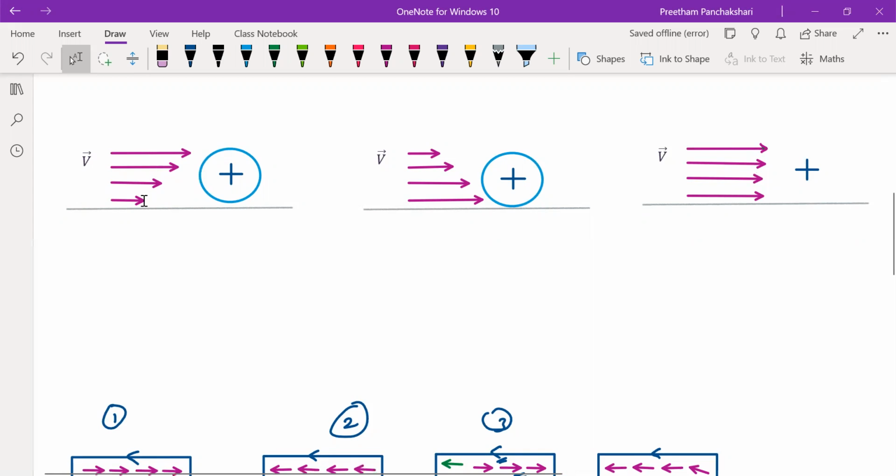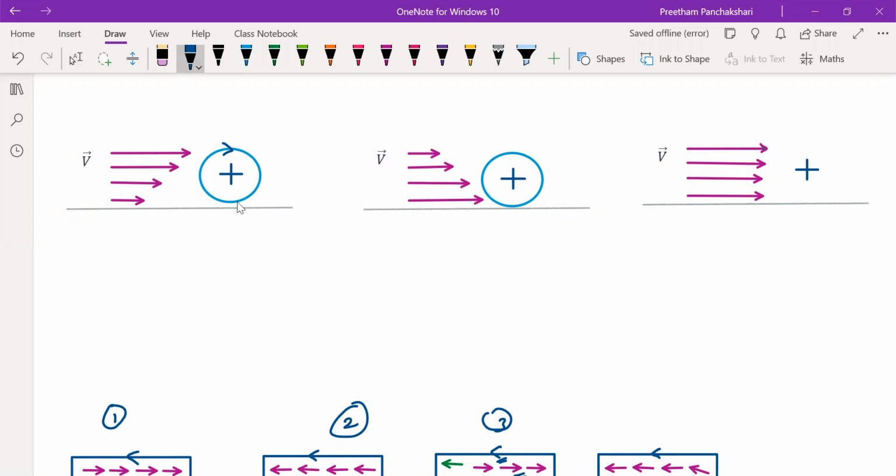Whenever there is a change in velocity, we can say that there is a gradient of velocity. Due to this velocity gradient, the different parts of this object experience different values of force. Let us say the top part of the object experiences more force due to larger velocity, and the force is acting in this direction.